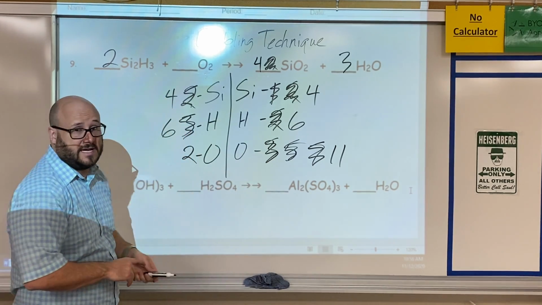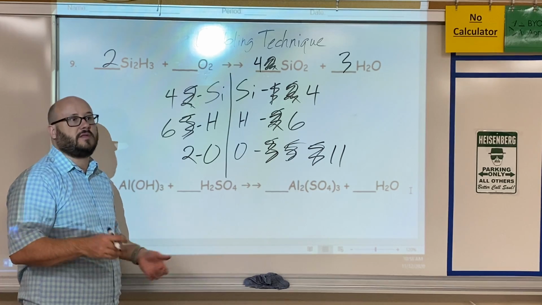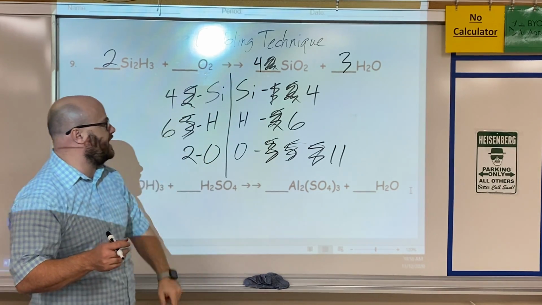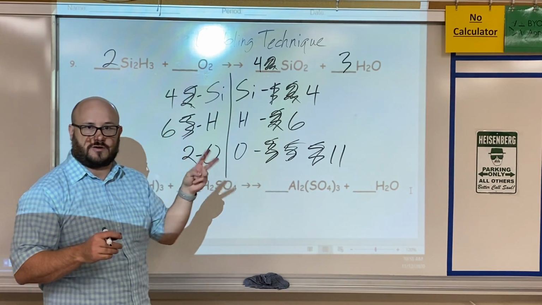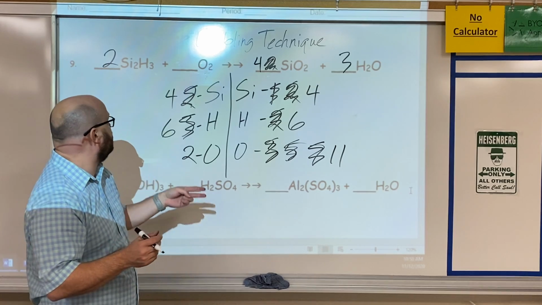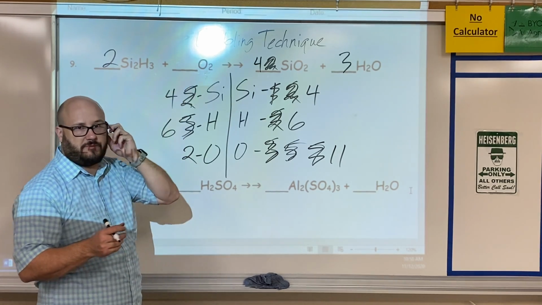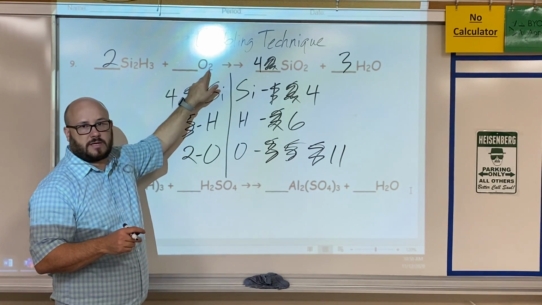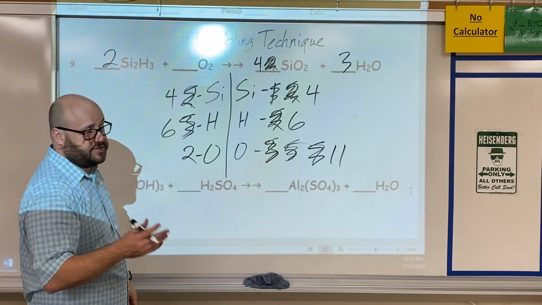Now the doubling technique, where that comes in, you're going to double every coefficient you have, because when you double something, when you multiply by 2, you're always going to get an even number. So multiply every coefficient by 2, except your diatomic, because you don't know what that is yet.